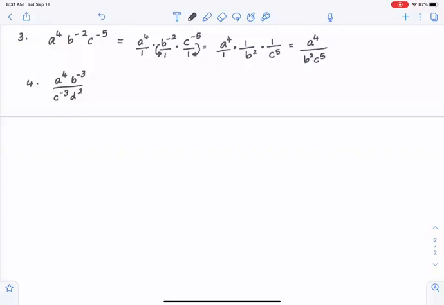Okay, so this is the intermediate step that I'm going to do so that you understand. But as I mentioned earlier, once you get good practice, you don't have to do this step.